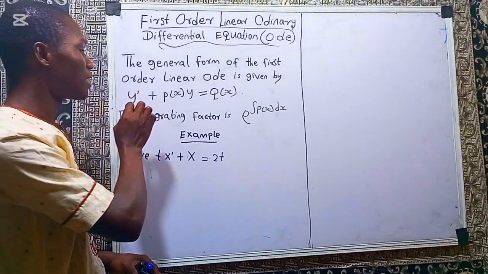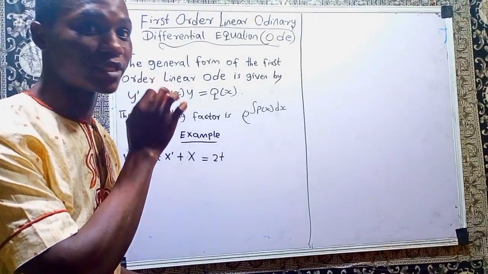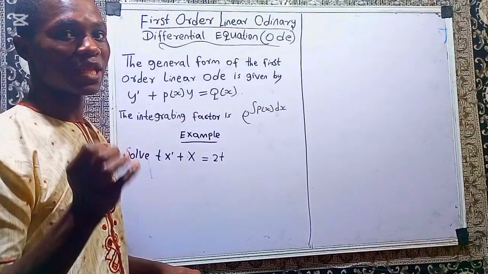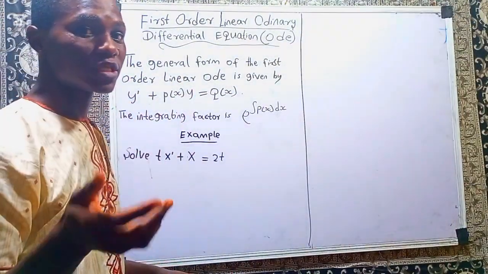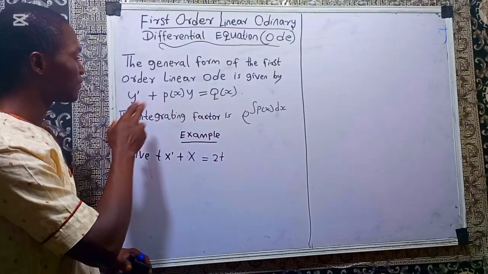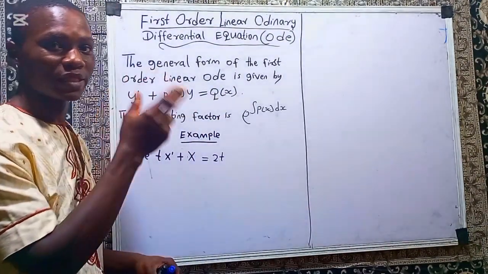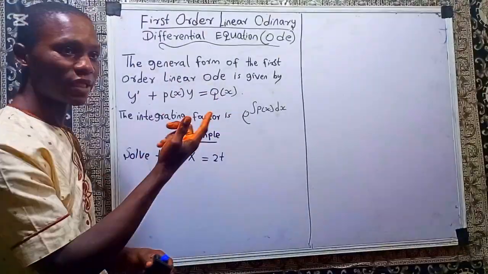So that I used y as the dependent variable here does not mean that your dependent variable will always be y. Your dependent variable is always the one that has the derivative sign. So in this expression, the one that has derivative sign is y. So y is the dependent variable, and the other variable, which is x, is the independent.